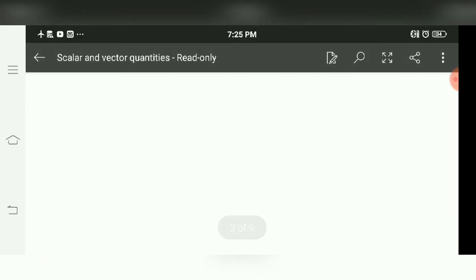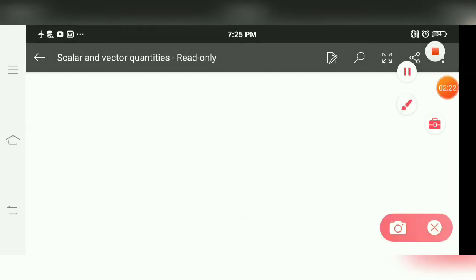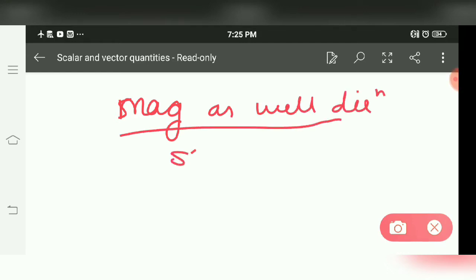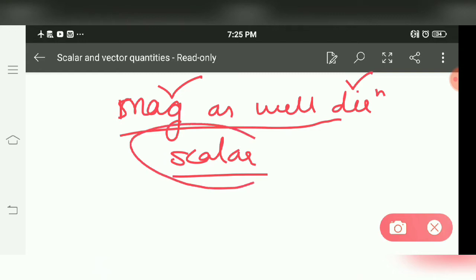Now sometimes there are some quantities which have magnitude as well as direction, but even though we consider those quantities as scalar quantities, not as vector quantities. Why so? Because they follow algebraic law of addition.